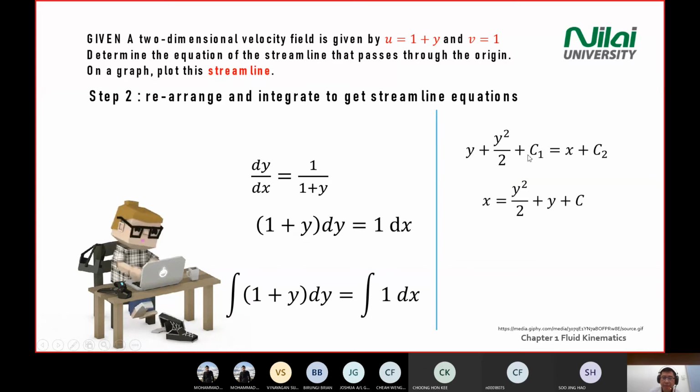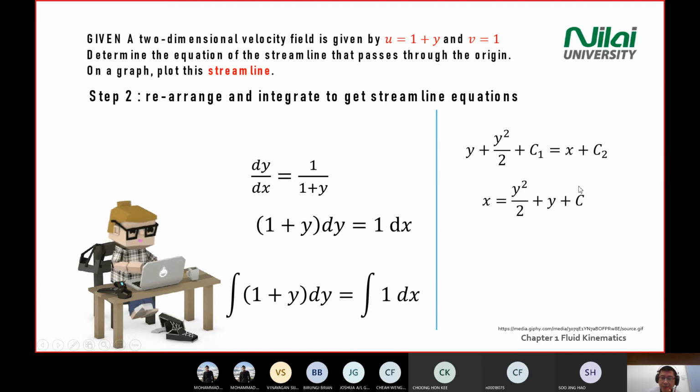You rearrange and combine the constants together, and you get x equal to y squared divided by 2 plus y plus a constant value. You group the constants C1 and C2 together to become a common constant value.